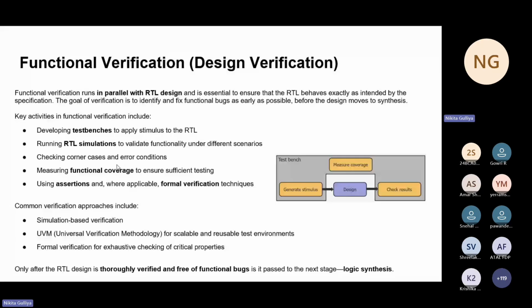This is done using a methodology called UVM, which is the Universal Verification Methodology. This is defined by Accellera as a global standard which can be used. Only after the RTL is thoroughly verified, we move to the synthesis stage.